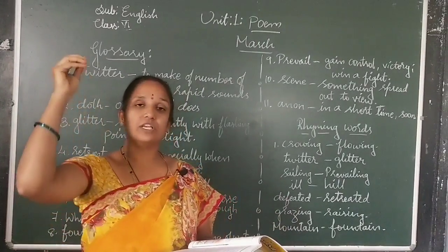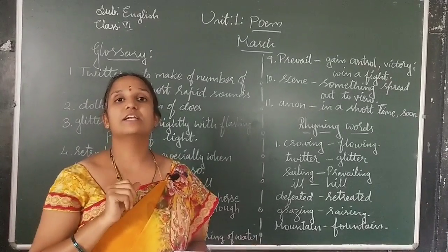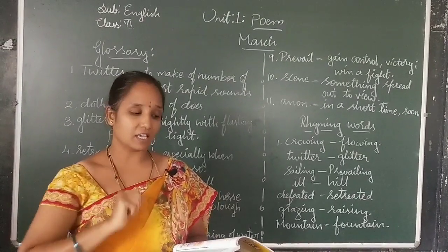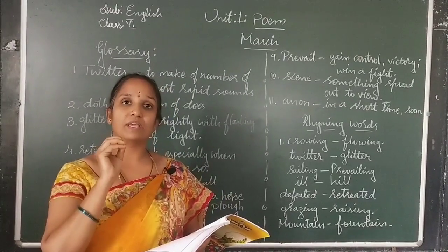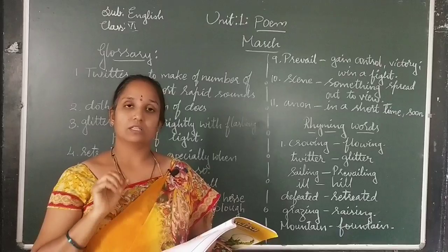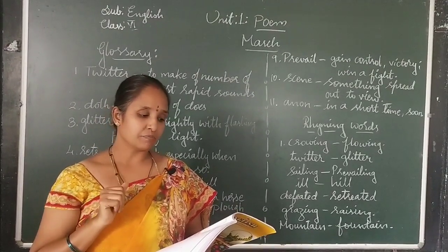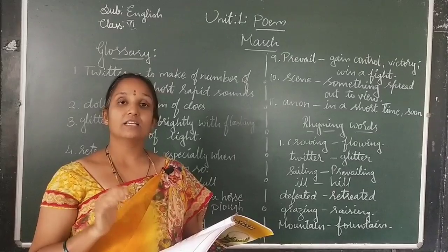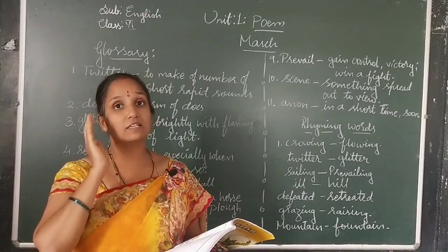When the sun's rays fall on the water, it starts glittering. It means shining. So here the small birds are making short sounds, the lake is glittering and shining, and the green fields are sleeping in the sun. It means it seems like sleeping.